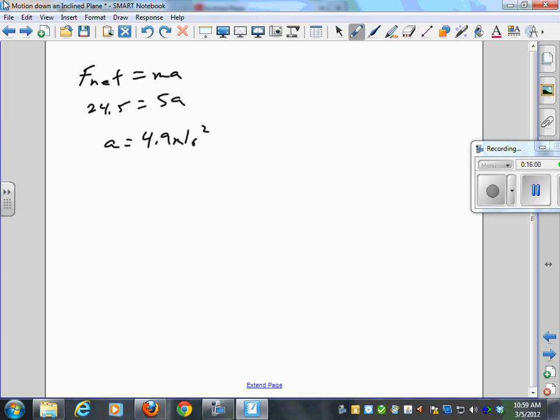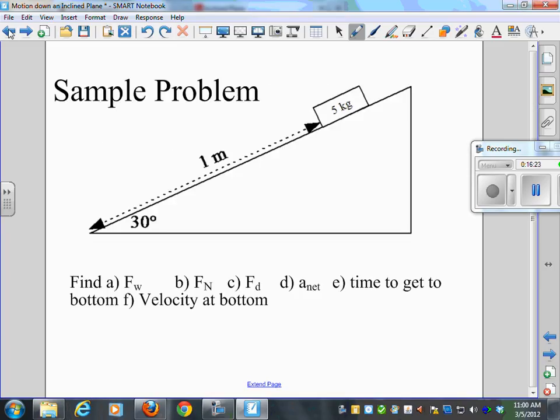Time to get to the bottom, I'm going to use D equals VIT plus 1/2 AT squared. The distance is 1 meter. The initial velocity was 0. Plus 1/2 of... Now, should I use minus 4.9 here? Let's answer Mary's question right here. She wanted to know about the negative. Technically, negative is down, right?